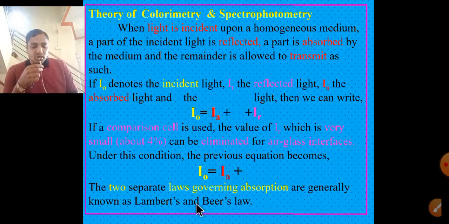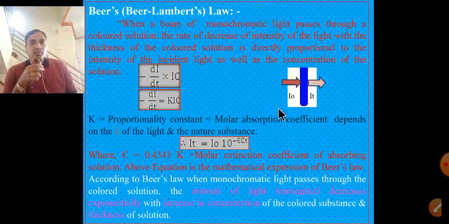That is, minus dI upon dt is equal to kI. K is the absorption coefficient, I is the intensity of the radiation after passing the thickness t of the medium, and dI is the infinitesimally small decrease in intensity of the radiation after passing through the substance.